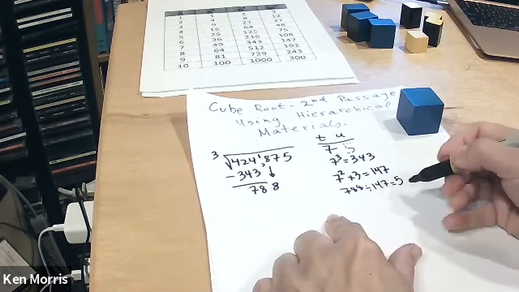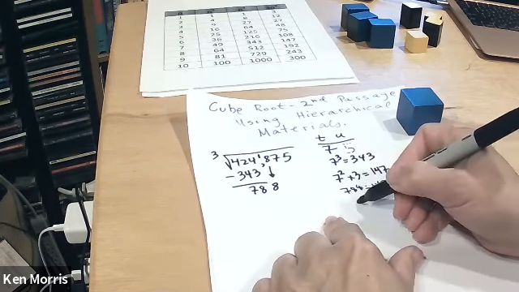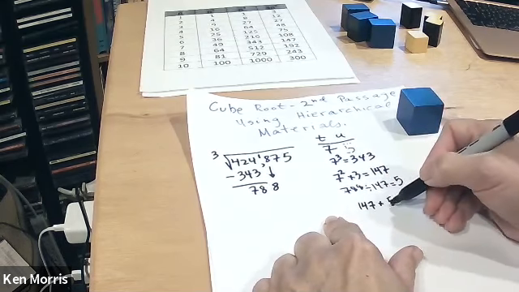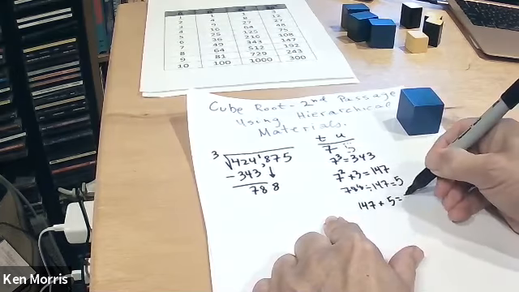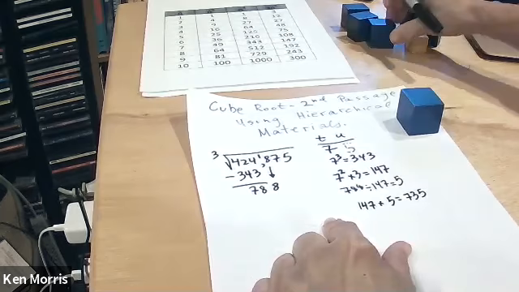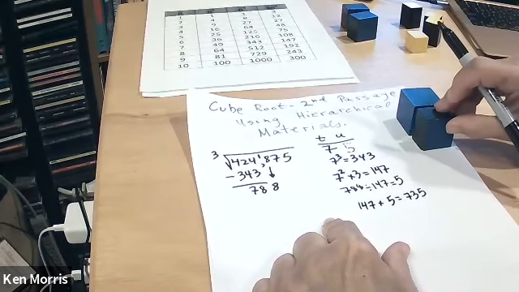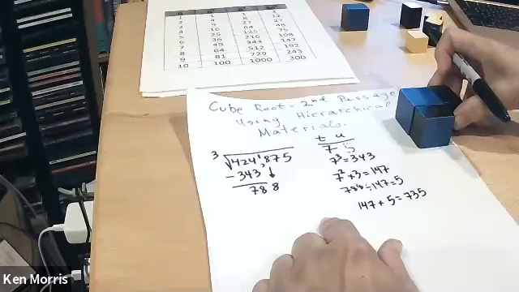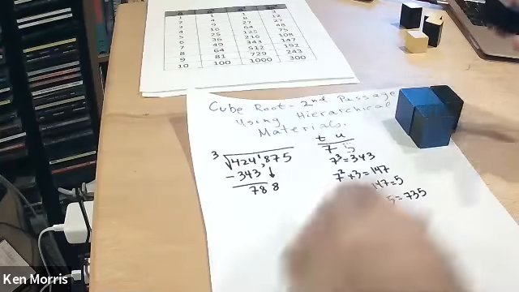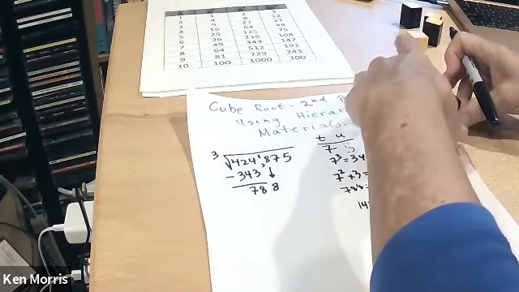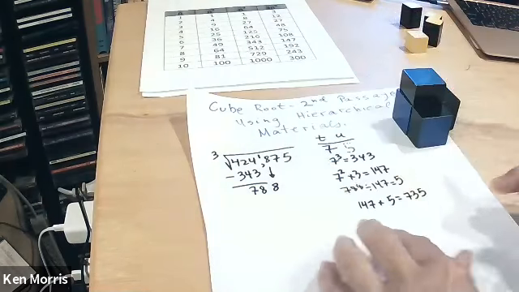Okay, so if we take 5 layers of the 147, 147 times 5 is equal to 735. So let's go ahead and build that with our binomial cube. Okay. All right.